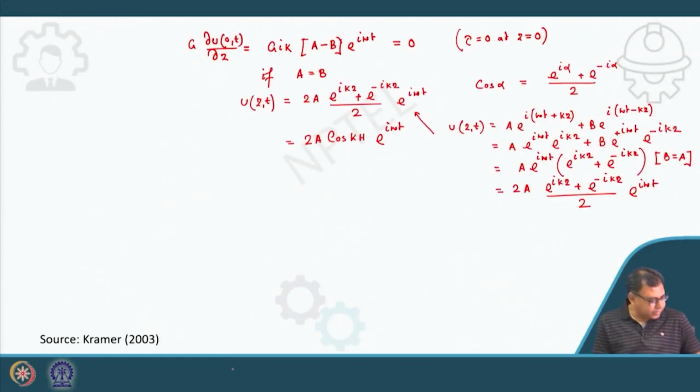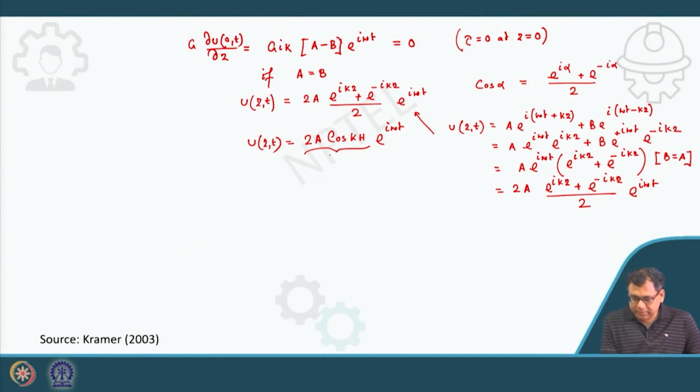So finally, u z t is 2A cos kz e to the power i omega t.